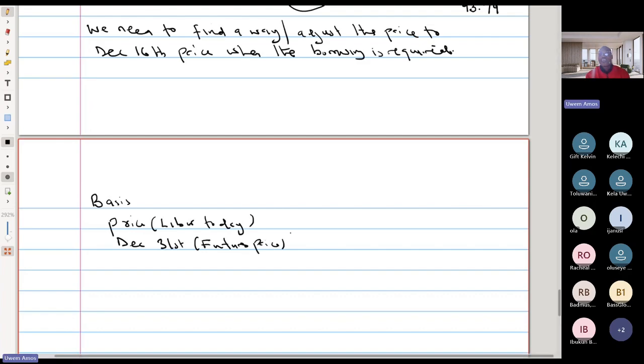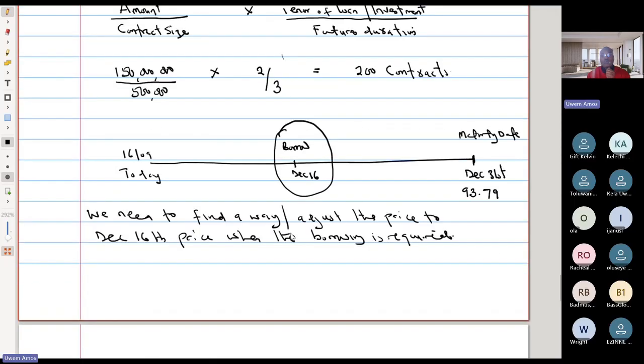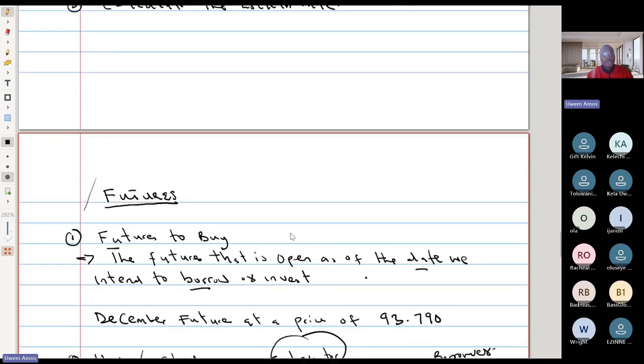Good. Now, first, let's look at what the price is today. What is LIBOR today? Let's go to our question and see what the interest rate is today.